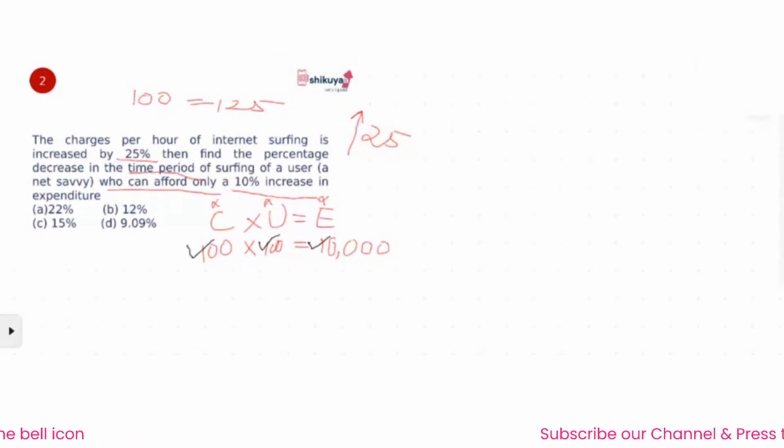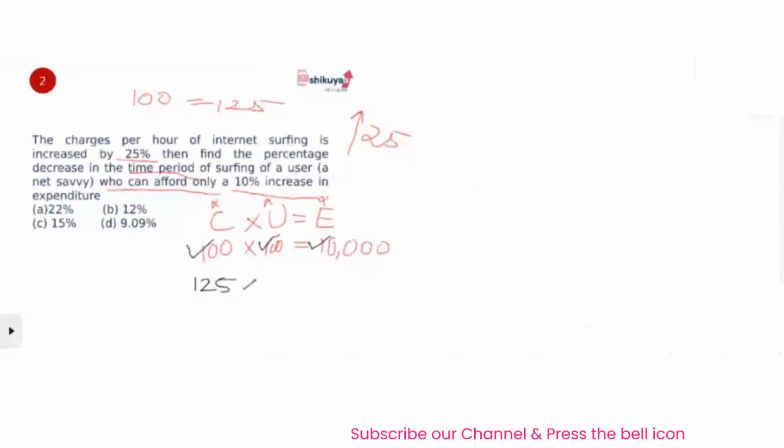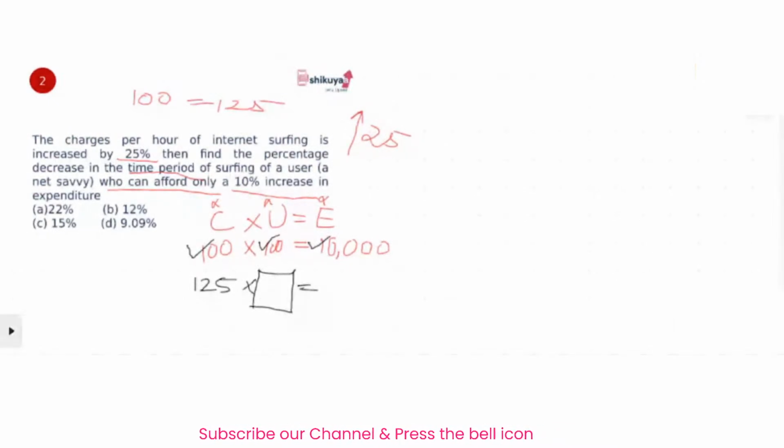Now the problem is going to become very simple. As we know the cost of internet is increased by 25%, so the new cost is going to be 125. We are supposed to calculate the new usage of internet, and it is given that the customer is ready to afford a 10% rise in the expenditure.